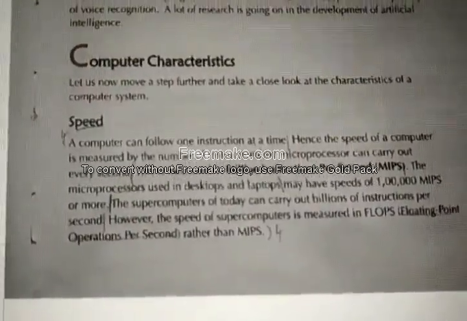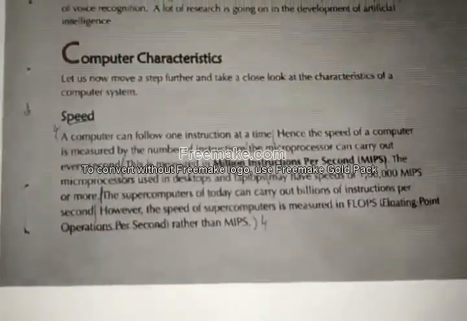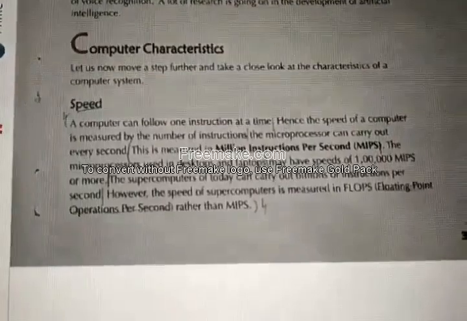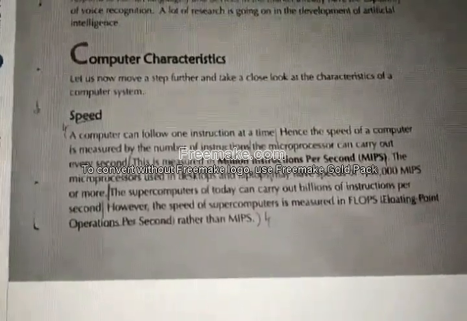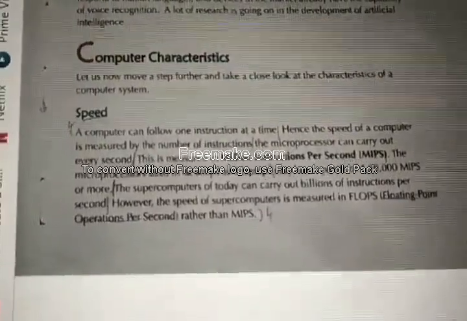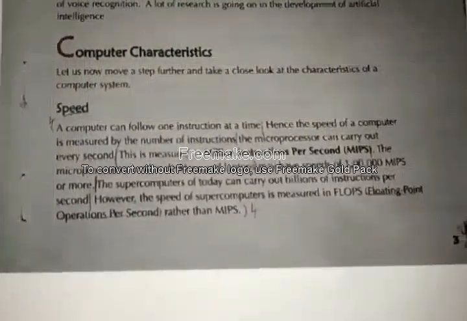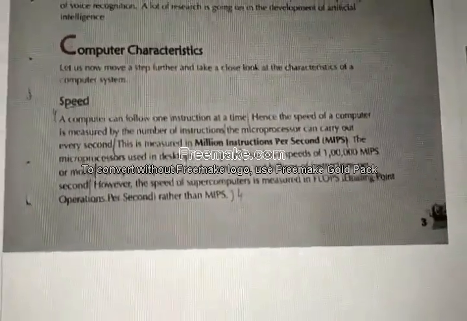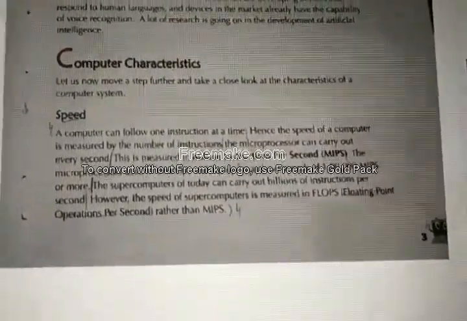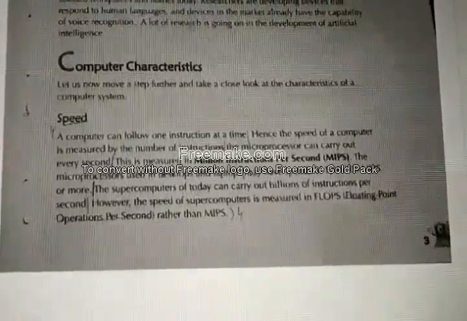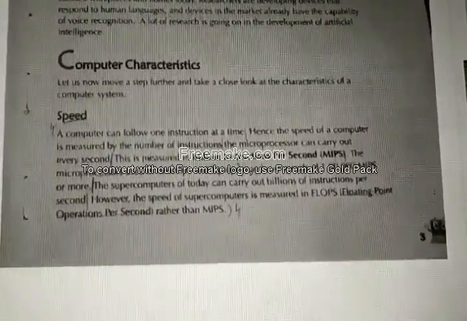We also have something called supercomputers, which do a variety of operations, even what a normal computer cannot do. What will be the speed of a supercomputer? The supercomputer of today can carry out billions of instructions per second.